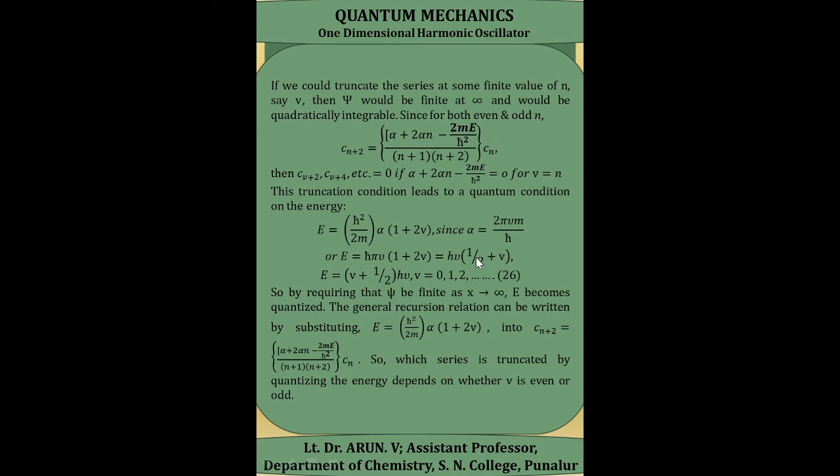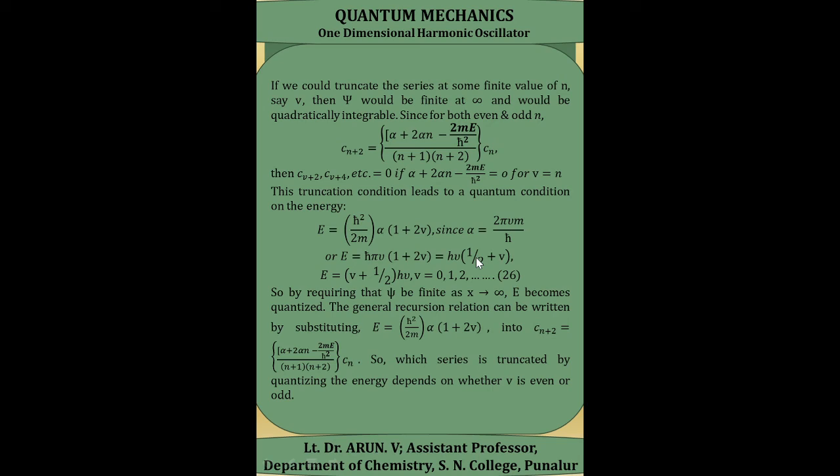This truncation condition leads to a quantum condition on energy, that is E is equal to h-cross squared divided by 2m into alpha into (1 plus 2v), since alpha is equal to 2 pi nu m divided by h-cross.